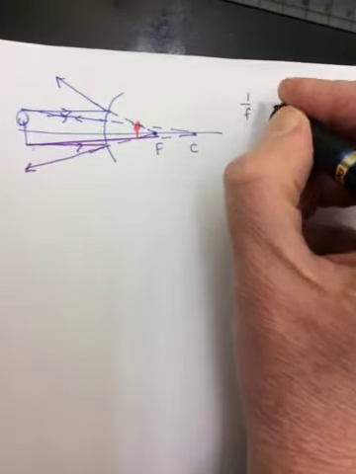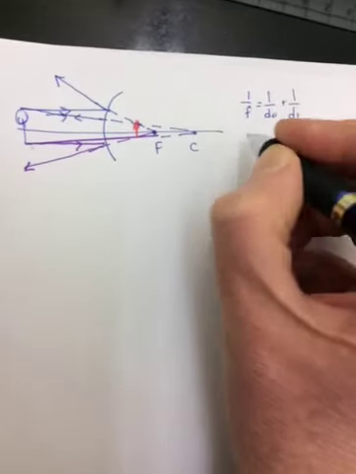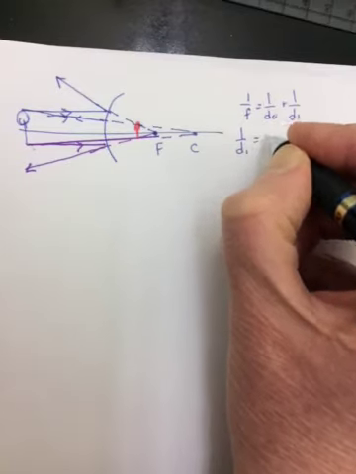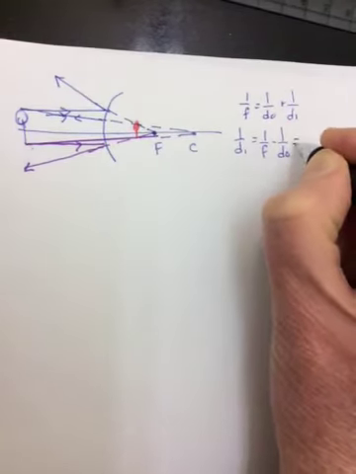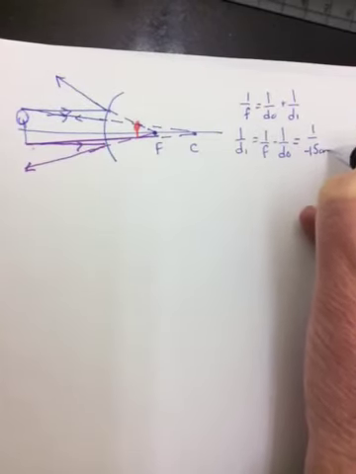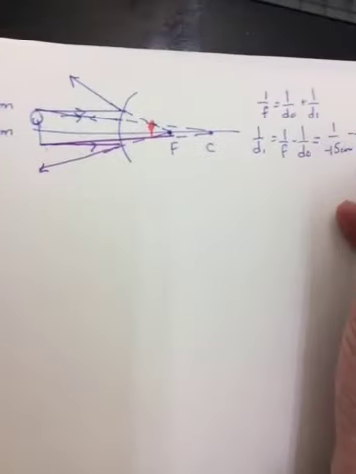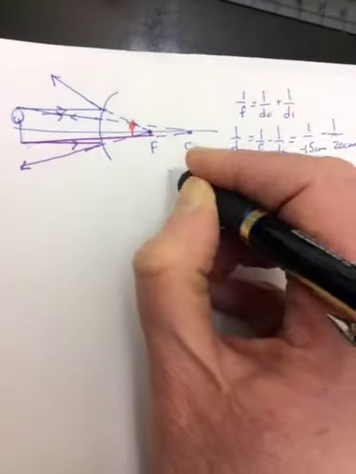So 1 over F is equal to 1 over DO plus 1 over DI. 1 over DI is equal to 1 over F minus 1 over DO. So that's equal to 1 over negative 15 centimeters minus 1 over 20 centimeters. Common denominator is 60.